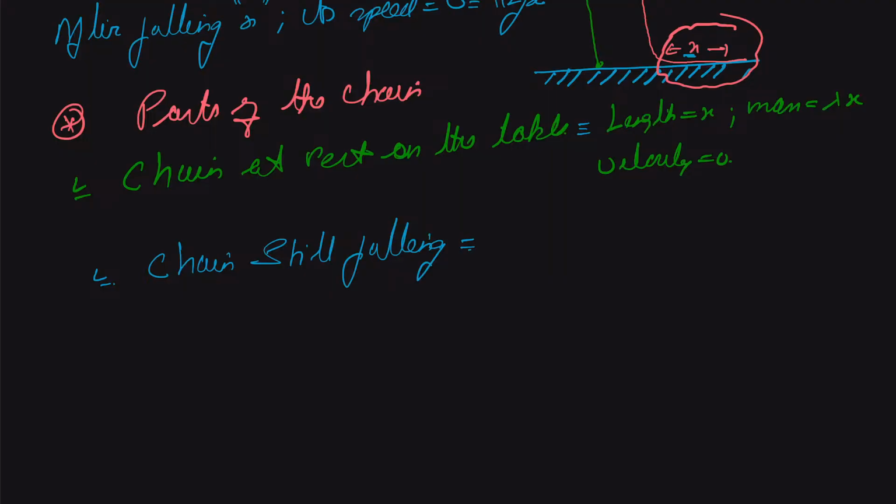We are not interested in this remaining portion, so the length is not required as such. So we can say simply our length is the remaining portion, and velocity, that is our v we just calculated, is the square root of 2gx.